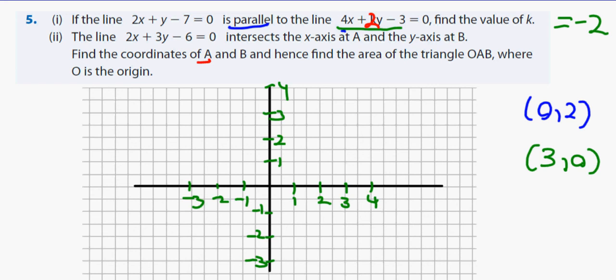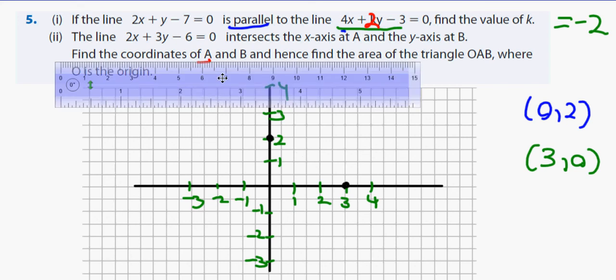We're going to draw these 2 points. (0, 2): 0 across, 2 up, this point here. (3, 0) is your point over here, and here is our line. You could continue it, we might just use a ruler on this one so we can continue it over a bit more.